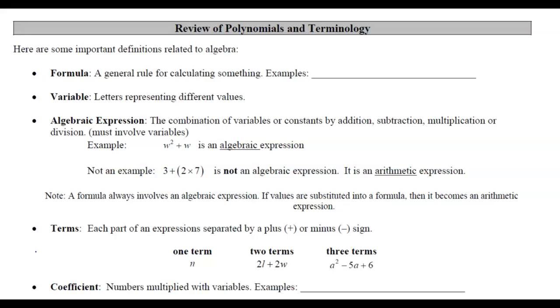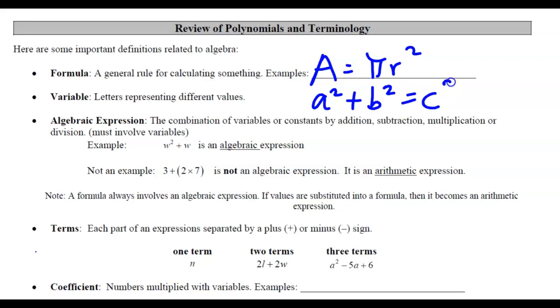It says formula, first of all: a general rule for calculating something. So some examples: maybe area. The area of a circle is pi r squared. Maybe the Pythagorean theorem, a squared plus b squared equals c squared.